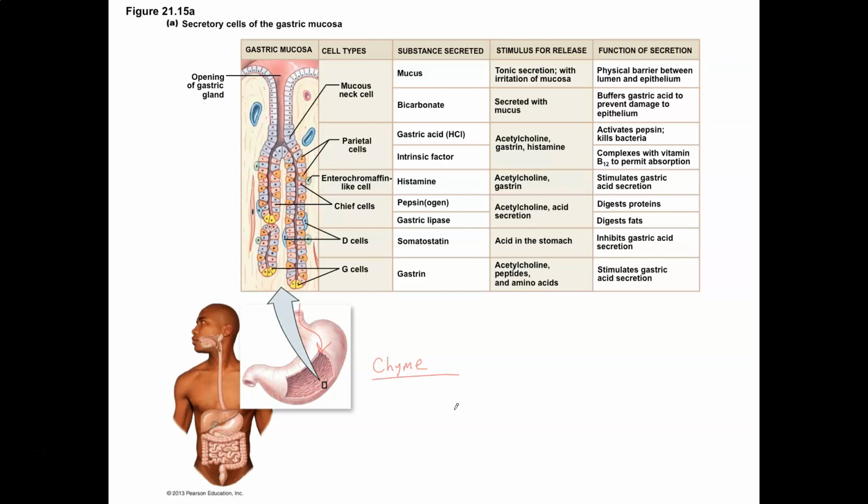We also have a protective function of the stomach. The acids that are produced by the stomach can destroy microorganisms, so we can kill bacteria, certain bacteria, not all of them, but we can certainly kill a lot of bacteria in our stomach and other microorganisms that are potentially harmful to our body.